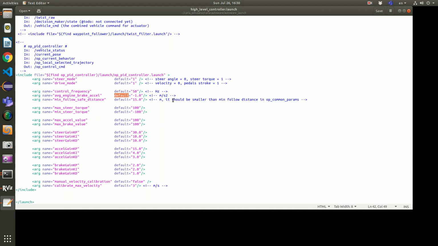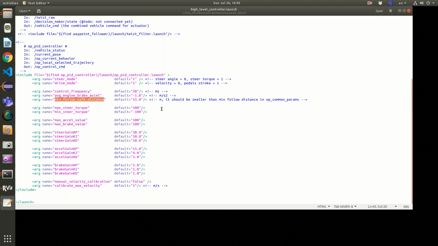It generally represents, when we don't press the brake and we don't press the acceleration, what deceleration the vehicle will have until stopping. On average, I calculated it using manual calibration with this parameter, and I find it's around -1 meter per second squared.